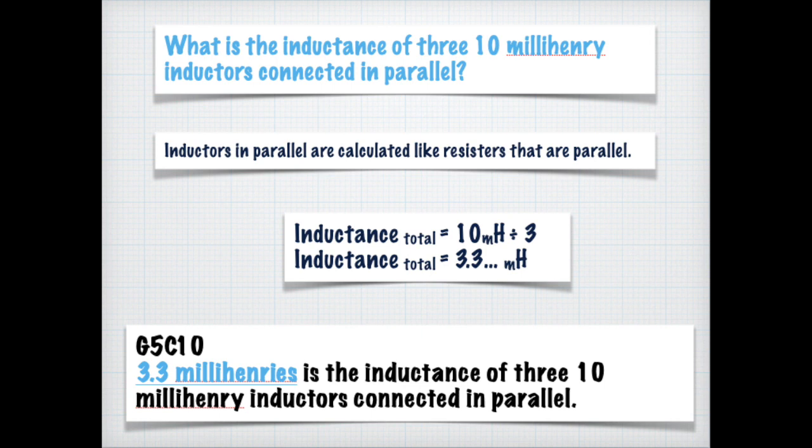So the inductance total, because they're equal, is 10 millihenries divided by 3, which gives us a total inductance of 3.333333 millihenries, which averages out to 3.3. For the exam, you could just simply know that 3.3 millihenries is the inductance of three 10 millihenry inductors connected in parallel.